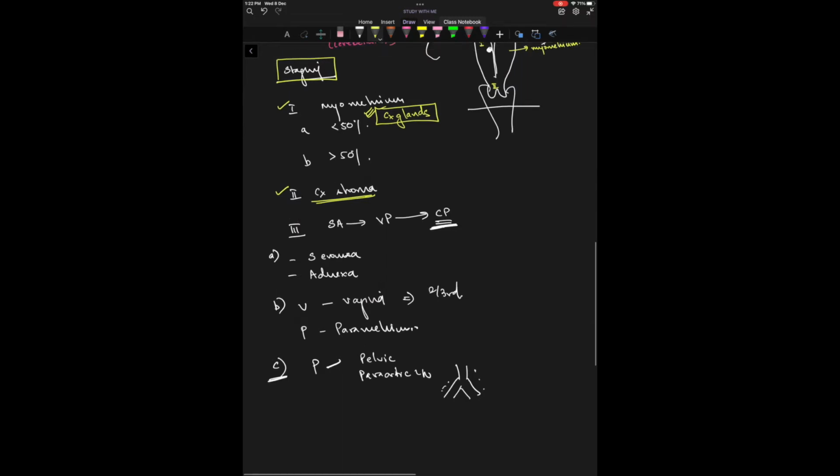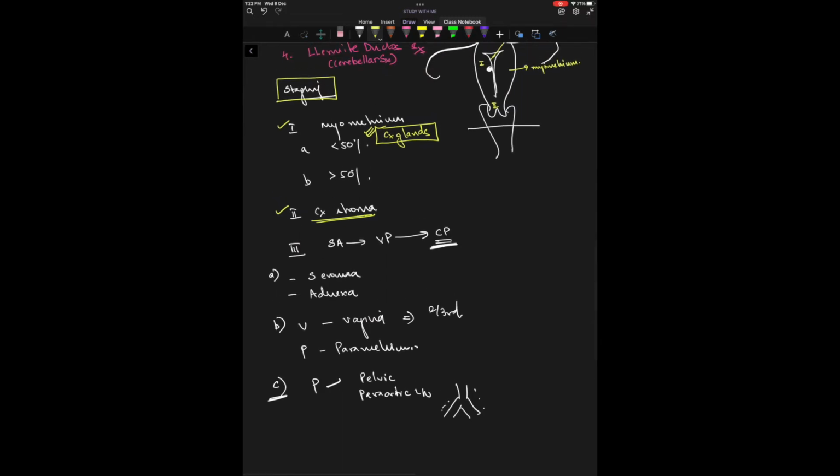SA, PP, CP. So in stage 3, SA, that is serosa and the adnexa. These two are involved. Okay, this is stage 3A. Then 3B involves PP. The first P is vagina and the second is parametrium.